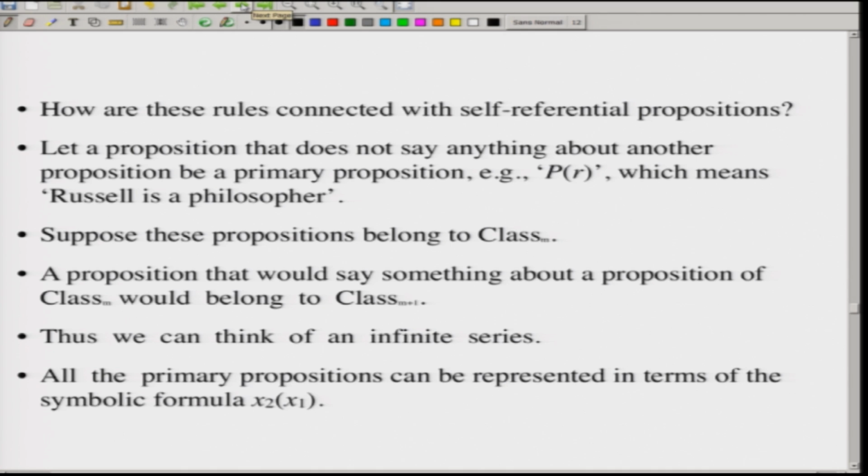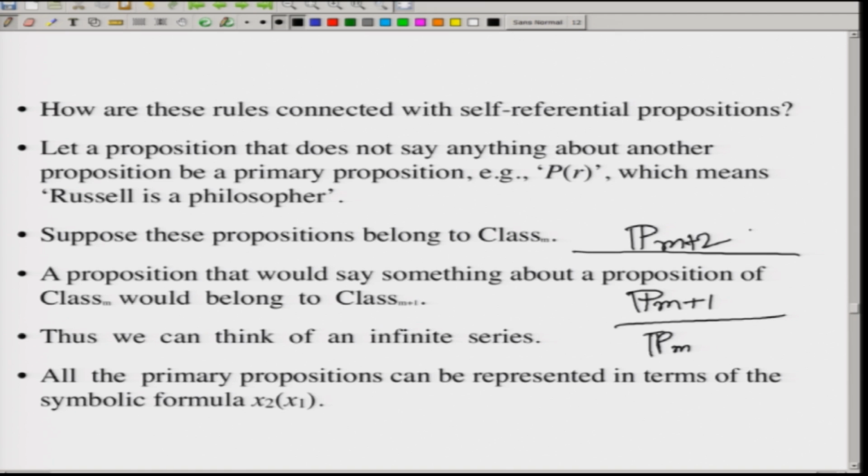Thus, we can think of an infinite series. So P_M is a proposition of class M, then the next level will be a proposition of class M plus 1, and then the next level will be a proposition of class M plus 2, and so on. So this is how we can think of an infinite series. All the primary propositions can be represented in terms of the symbolic formula x2 x1.